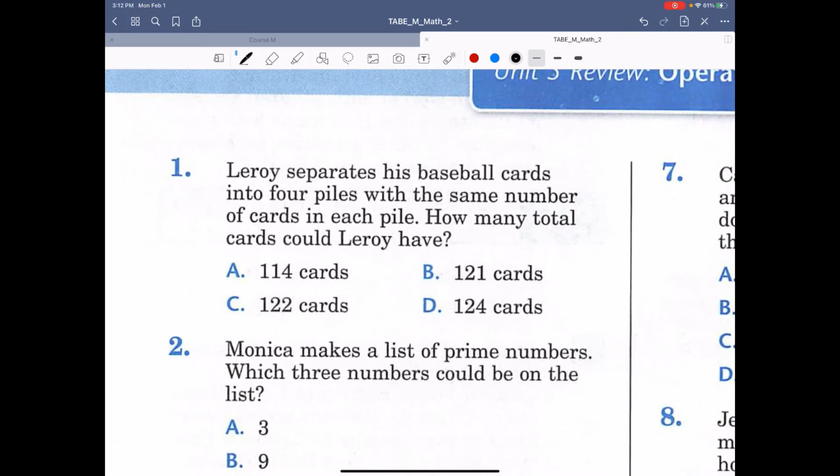Leroy separates his baseball cards into 4 piles with the same number of cards in each pile. How many total cards could Leroy have? So I know that whatever number of cards Leroy has, it must be divisible by 4.